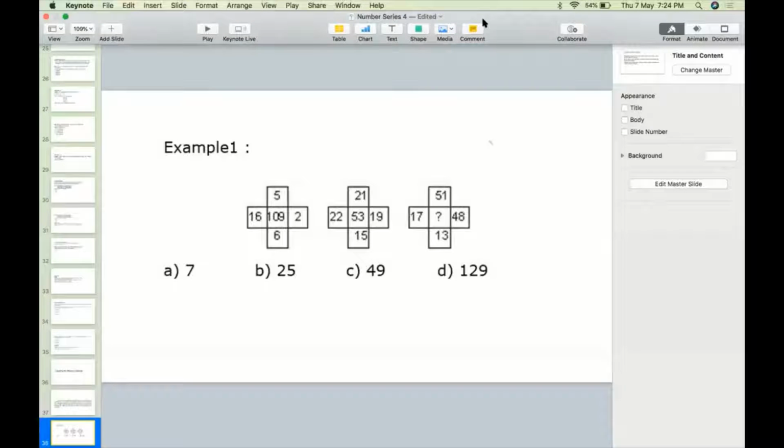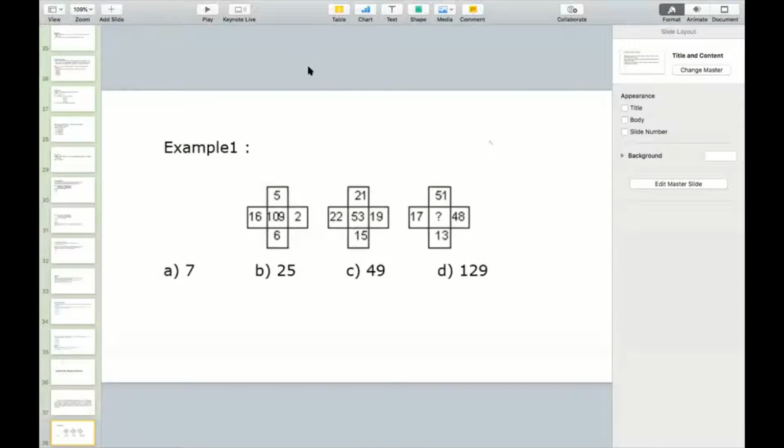I need at least half of the people to try to solve this question. Okay. At least 15 to 20 responses.